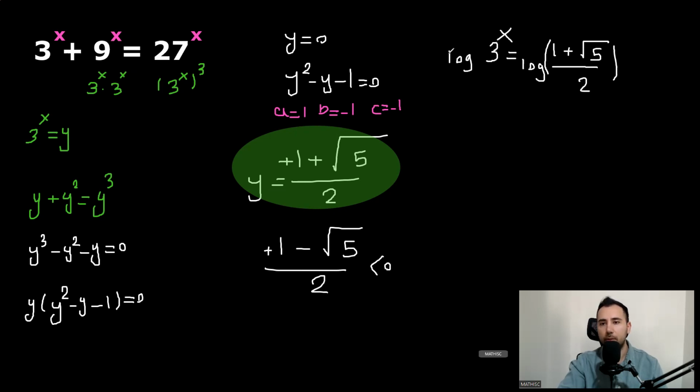So I will do that. So x times logarithm 3 would be the logarithm of this, 1 plus the square root of 5 over 2. And I have done this with a calculator.